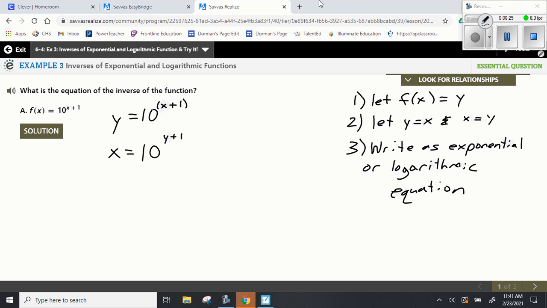Okay, so we remember how to do that, right? We would say that this is log base 10. I'm not going to write the 10 because it's assuming that it's log base 10 of x is equal to y plus 1, right? Using the skill that we learned in the last lesson.